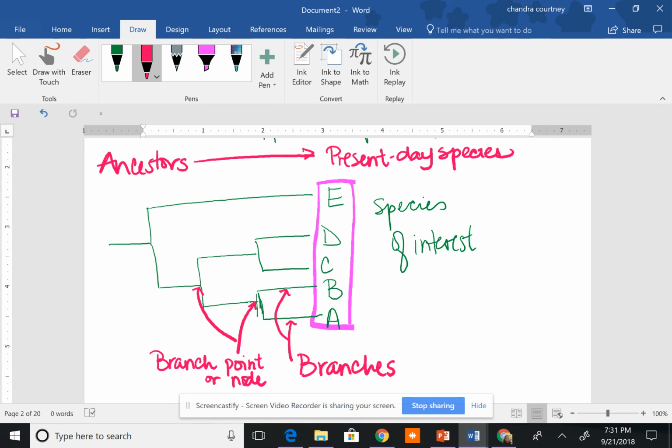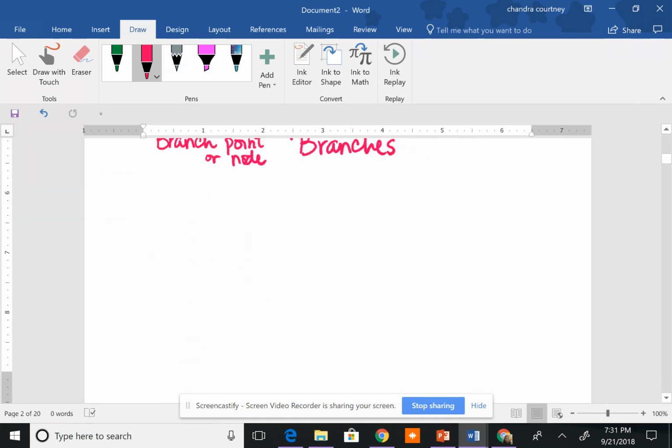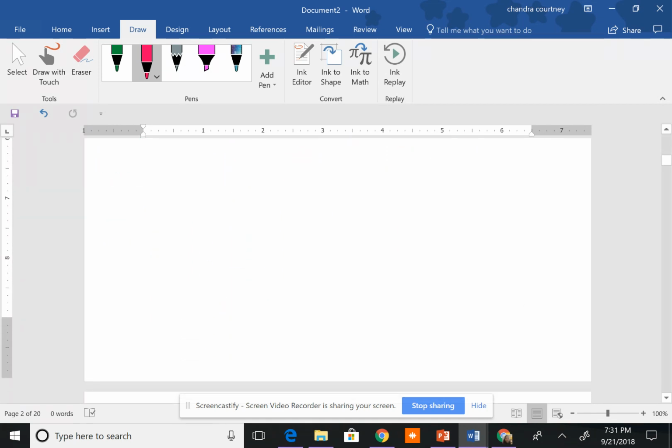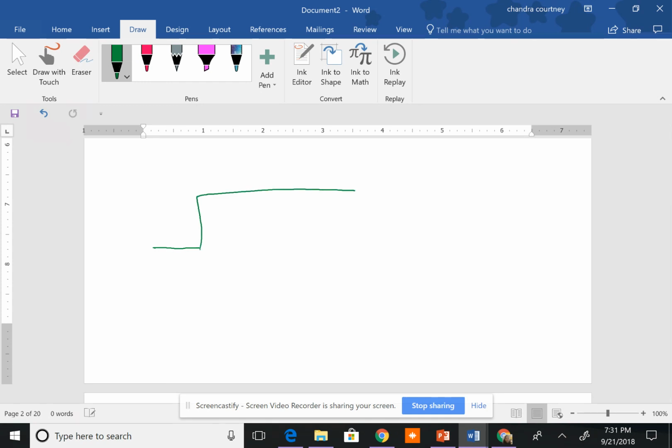Okay, so I'm going to redraw this tree and point out a few more features to you. So same situation.